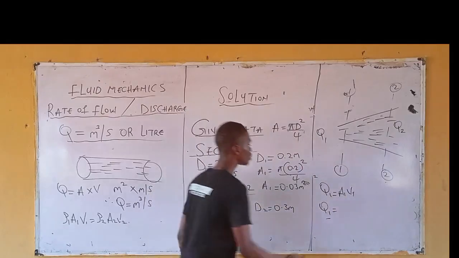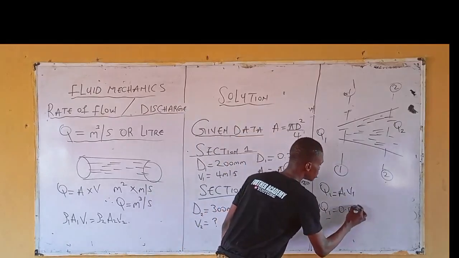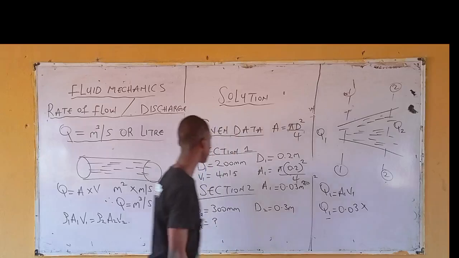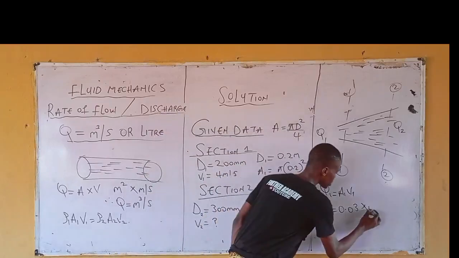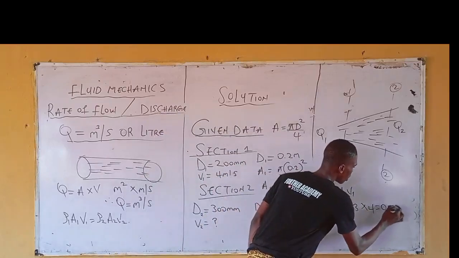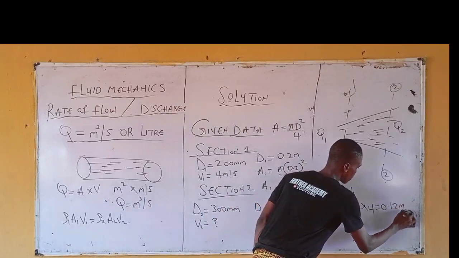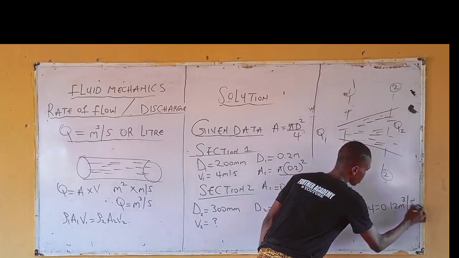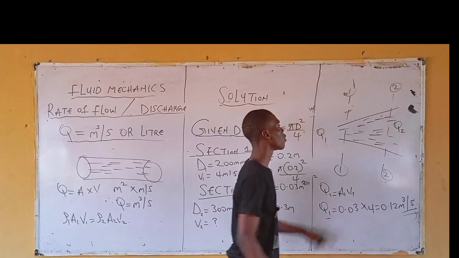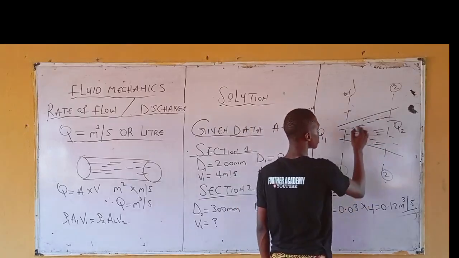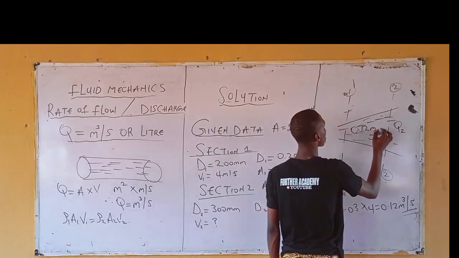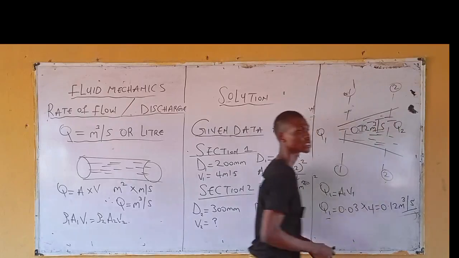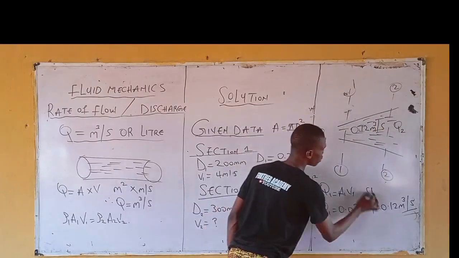We've calculated that. We got 0.03 times the velocity given, 4. What's the answer? 0.12 meter cube per second. Meaning the flow inside this pipe is 0.12 meter cube per second. That's question 1.